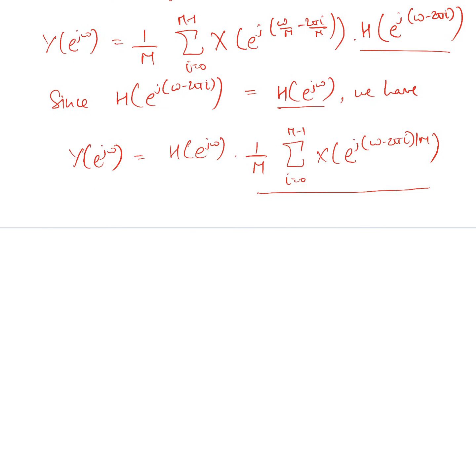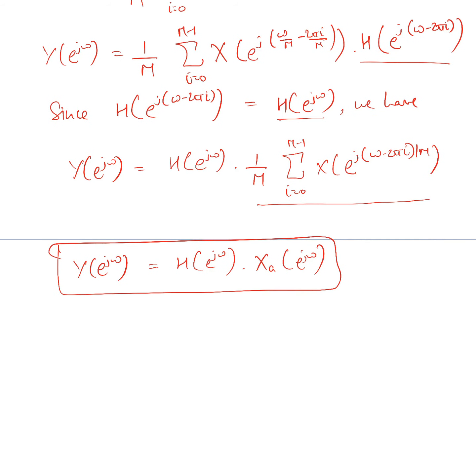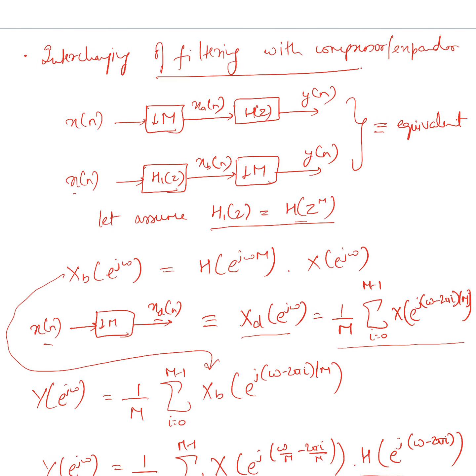So I can write in my expression from the first block diagram representation that Y of e to the power j omega would be equal to H of e to the power j omega times Xa of e to the power j omega. So this is the exact representation.